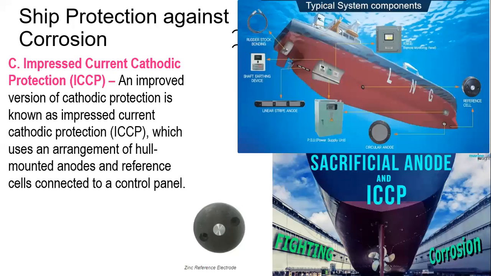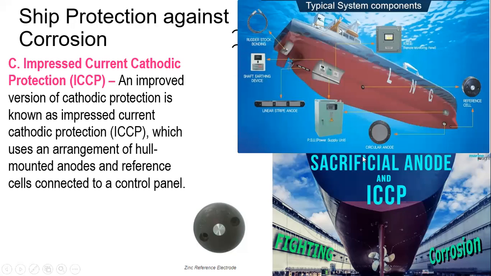Next protection against corrosion is the ICCP, or the Impressed Current Cathodic Protection. It's an improved version of cathodic protection, which uses an arrangement of hull-mounted anodes and reference cells connected to a control panel, meaning there's a technology involved, okay?